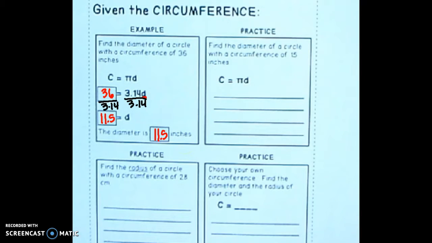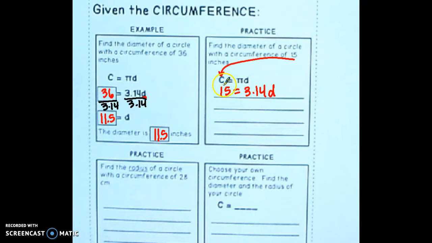Find the diameter of a circle with a circumference of 15 inches. So circumference equals pi times the diameter. We are given that our circumference is 15. So 15 equals 3.14 times the diameter. We're solving for diameter. So we've got to get 3.14 to the other side.